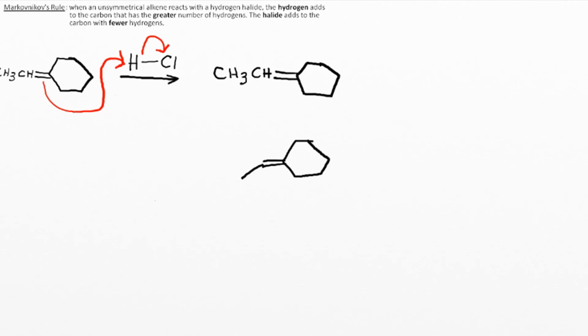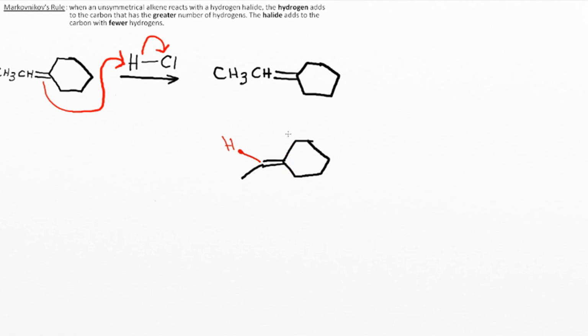You would basically have to realize that there is one hydrogen coming out of this double bond right here. Actually, I'll just put it right here so it's easy to visualize. Now, Markovnikov's rule tells us that the hydrogen is going to go to the carbon with the greater number of hydrogens. How many hydrogens does this side of the double bond have? Well, again, we have 2, 4, 6, 8 electrons.